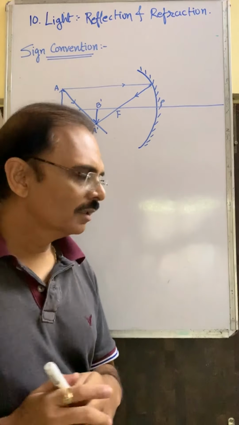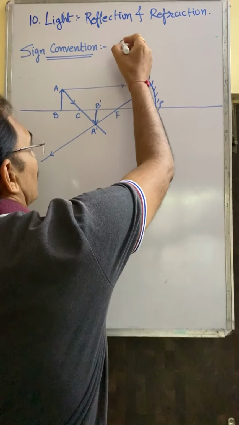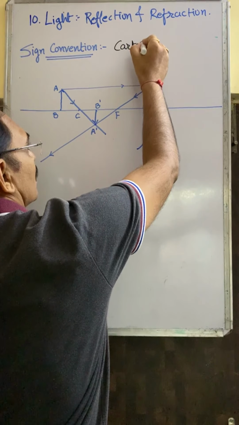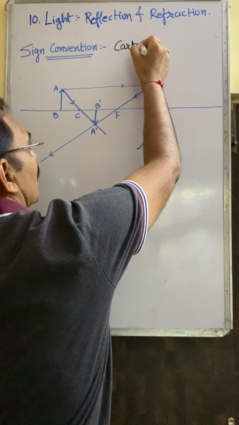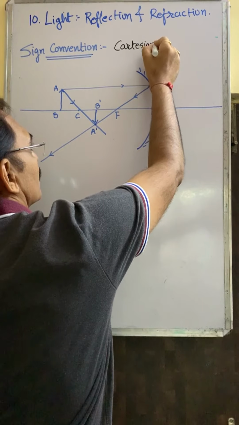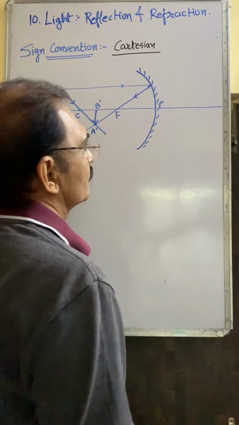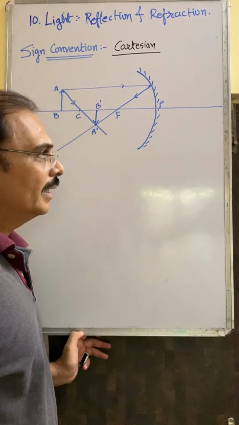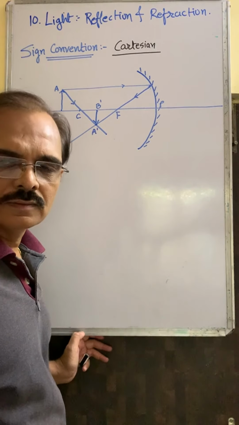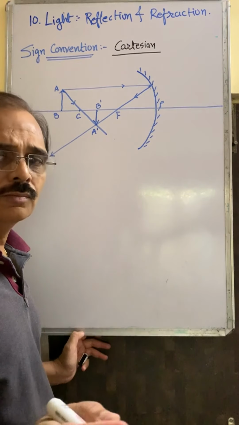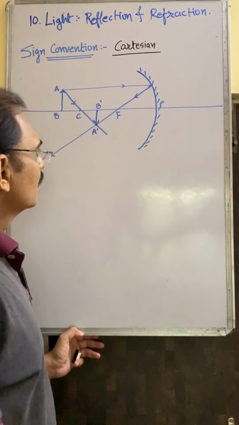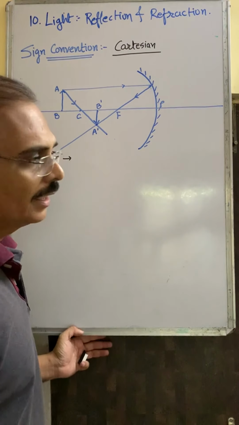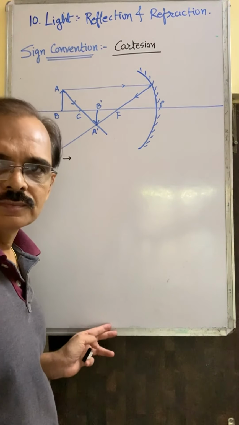So this sign convention is called René Descartes or Cartesian convention. With the help of this Cartesian rule or sign convention, every person anywhere in the world can draw cases.